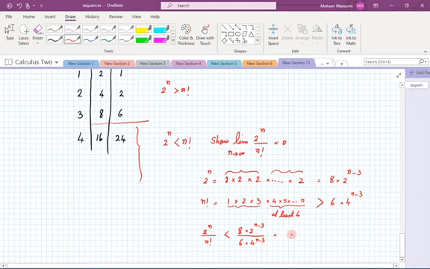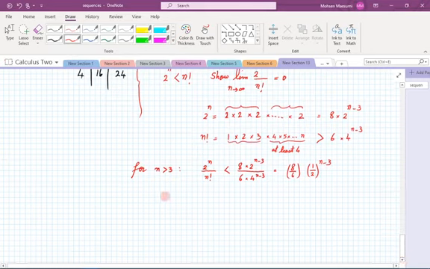Eight over 6, you can now put it on the side. This one you can simplify: 2 to the power of n minus 3 over 4 to the power of n minus 3. That's going to be 1/2 to the power of n minus 3. So for n larger than 3, 2 to the power of n over n factorial is less than that.